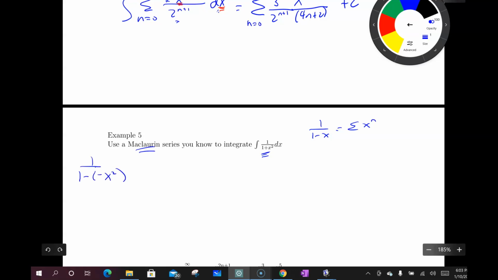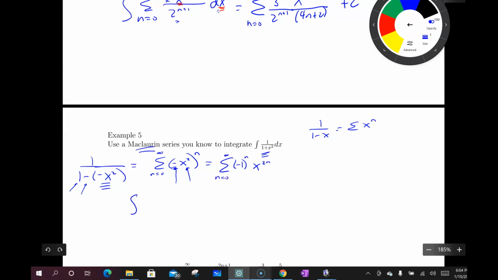I'm taking it out of the integral to just play with it. So this is going to be negative x squared to the nth power, because they've got the negative, I've got the 1, so this is my x to the n. Be careful, this nth power distributes to both of these terms. So there is a negative 1 that gets the nth power, and then I get x to the 2n.